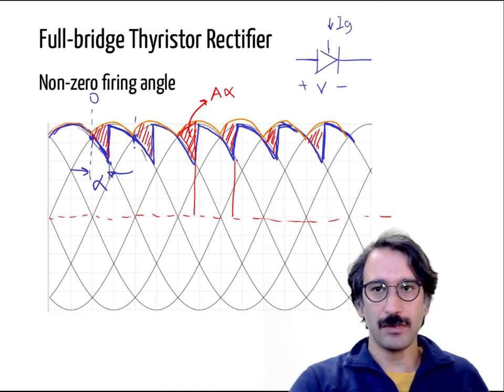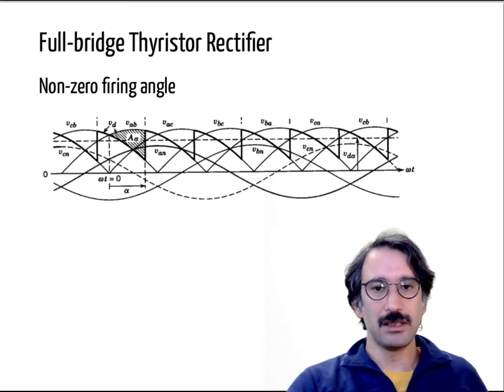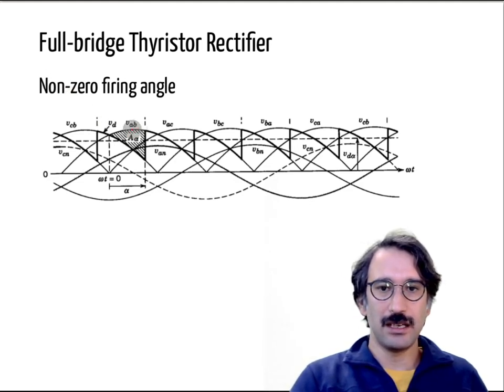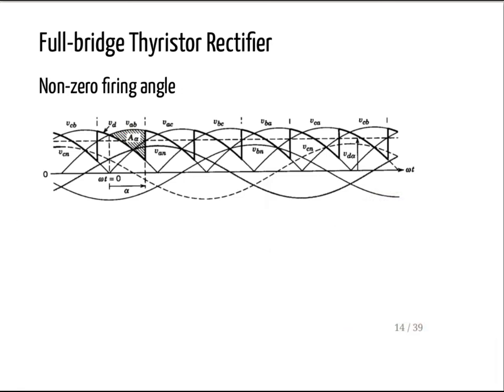So let's have a look at that one. I will try to calculate that area. How can I calculate that A alpha area? Let's have more space.